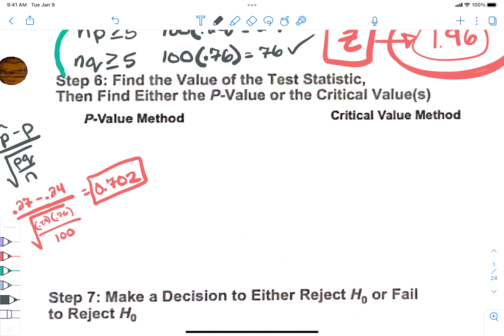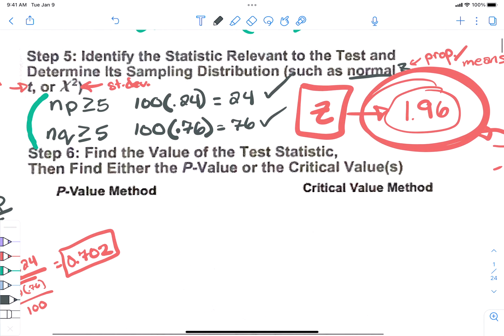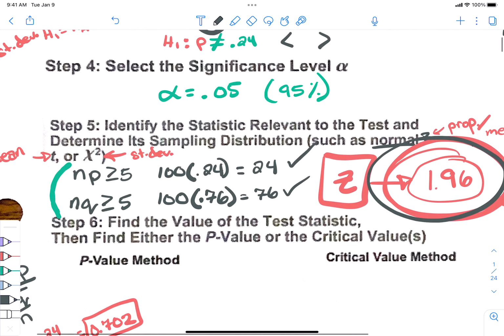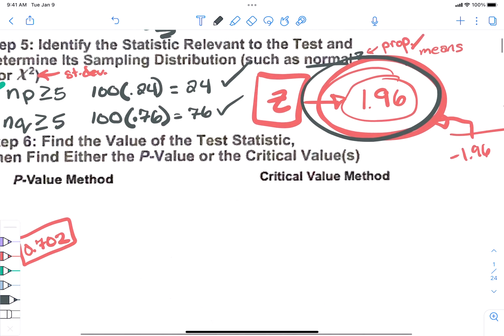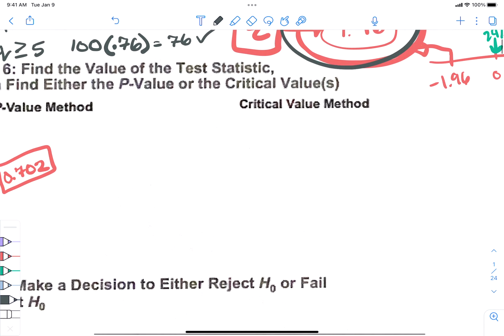The critical value method: we said that Z has to be 1.96 for a 95%, or 0.05, confidence level. We got that from the chart, right? Do you guys remember 1.96 as a commonly used number? 0.05 is 1.96.